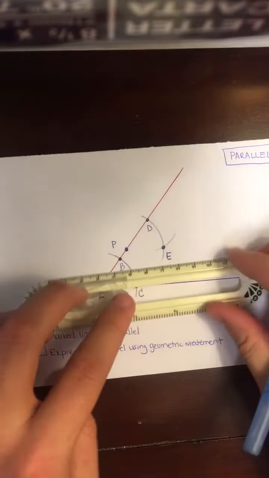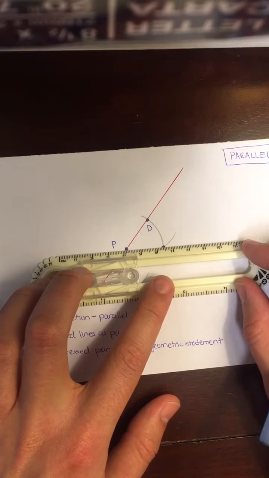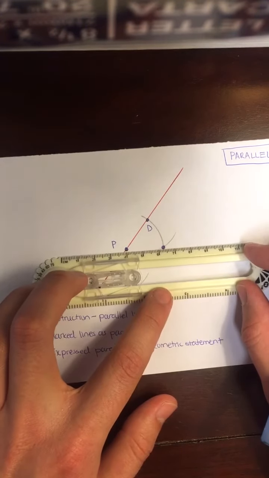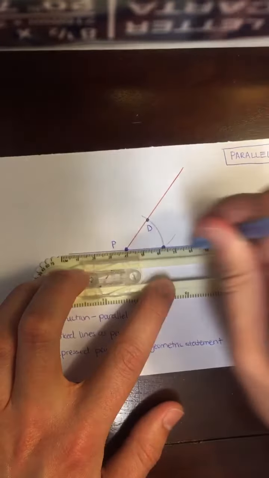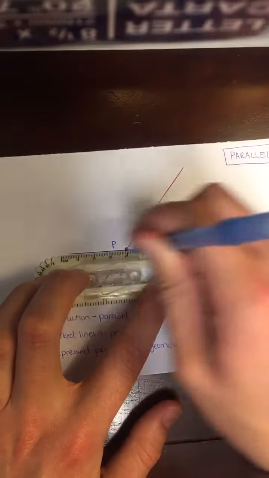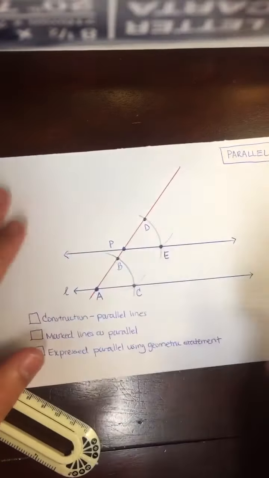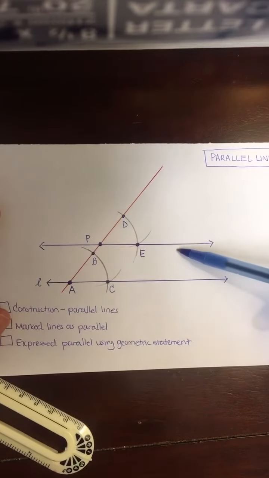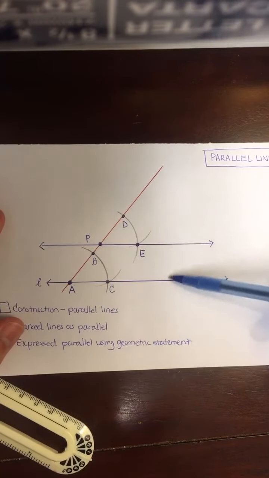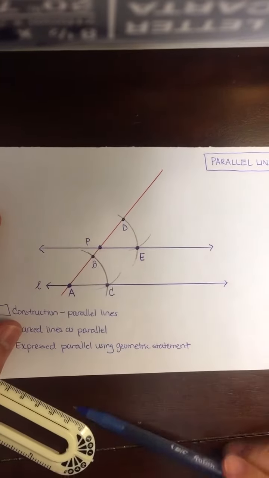So I'm going to draw that line through P and E. And I'm going to indicate that it goes on forever in both directions. And you can see that these lines appear to be, and they actually are, parallel to each other. So line PE is parallel to line AC down below.